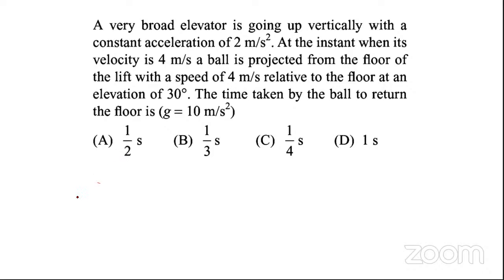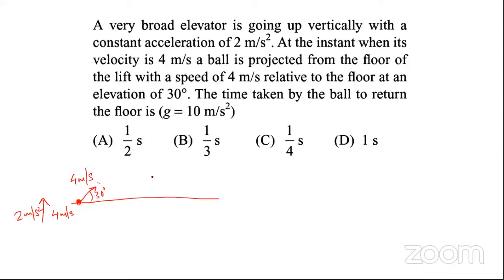See, a very broad elevator is going up vertically with a constant acceleration of 2 meter per second square. At the instant when its velocity is 4 meter per second, a ball is projected from the floor, at a speed of 4 meter per second relative to the floor, at an elevation of 30 degrees.